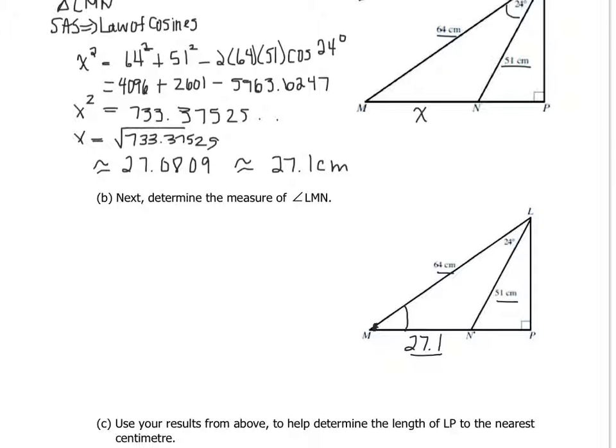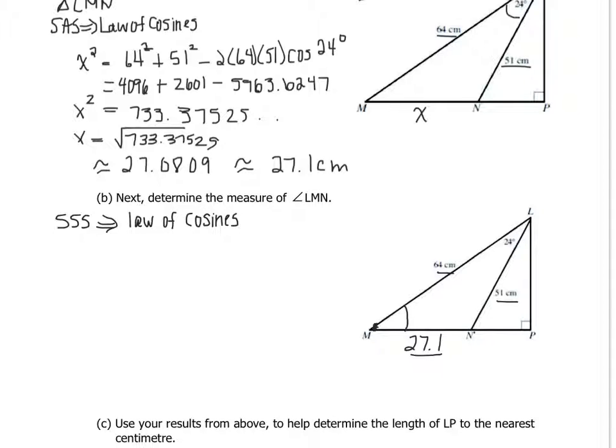We could also use the law of sines if we wanted to, but in this particular case it's a little bit easier to use the law of cosines. You've got SSS, so that means law of cosines.